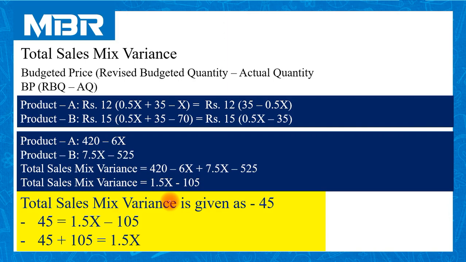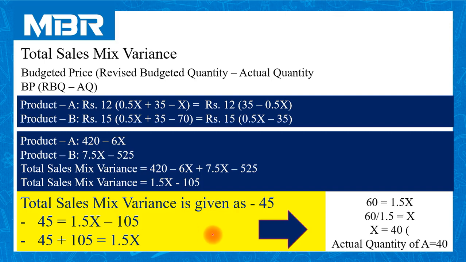Minus 45 plus 105 equals 1.5x. And finally, 60 is equal to 1.5x. Change 1.5 to the opposite side, so it is a division. 60 divided by 1.5 is equal to x, and the value of x is 40.